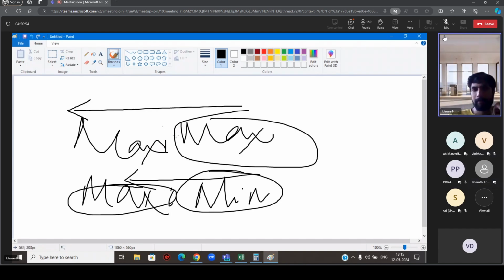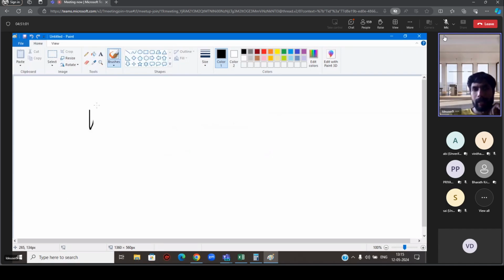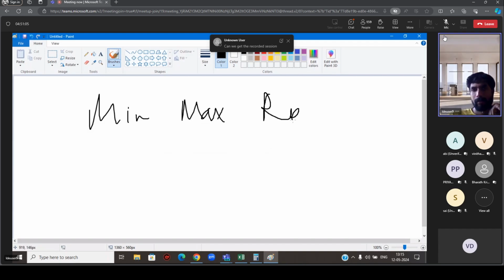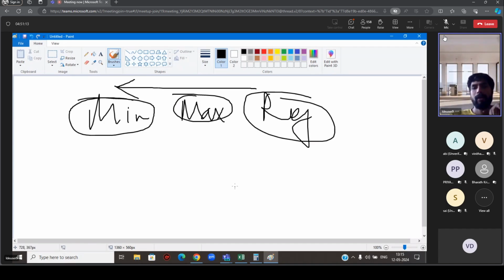Here it is maximum, then you have to take maximum. If it is mini-max regret, first you have to do regret, then maximum, then minimum. Always go backwards. That is the meaning of this.